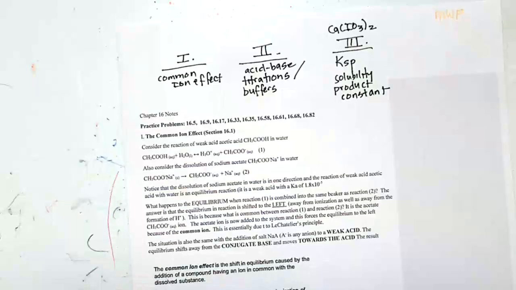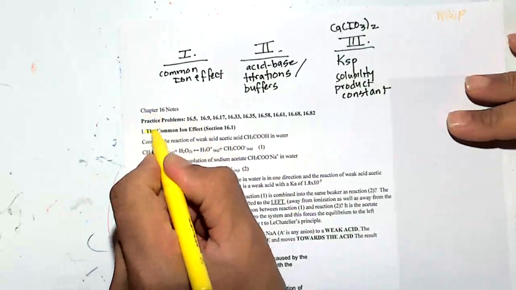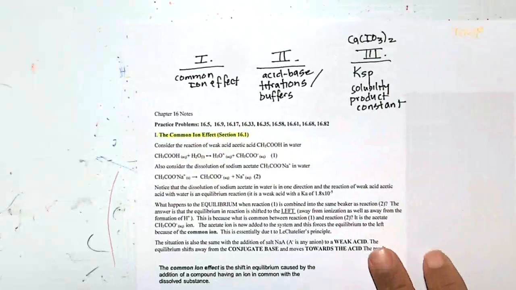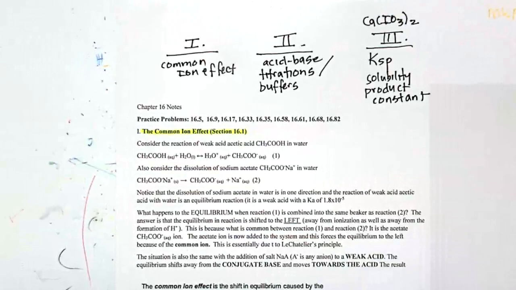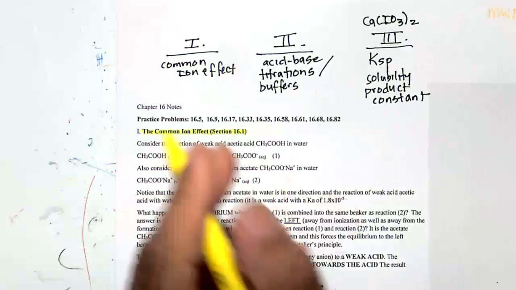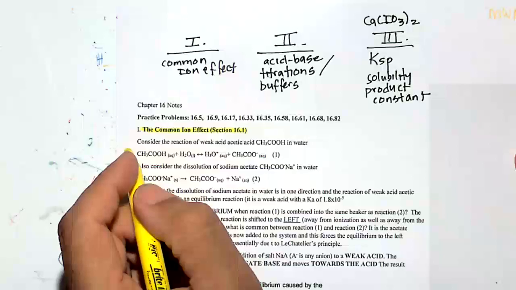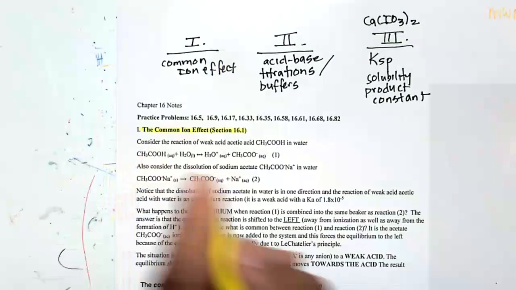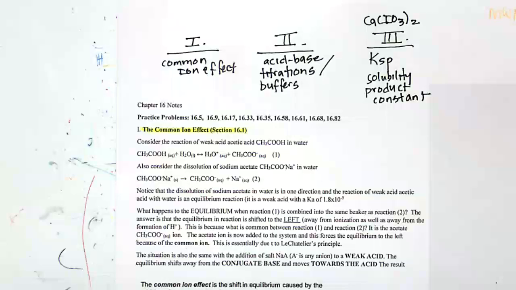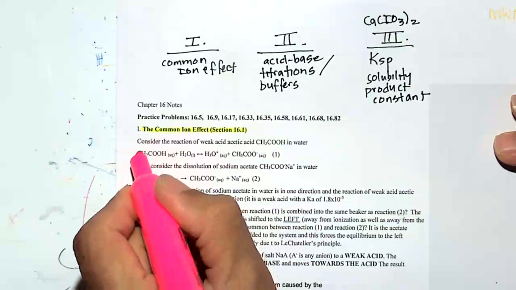All right, let's first go over the common ion effect. All right, so I'll go over this briefly. Chapter 15 was entirely about weak acids, and one of the common weak acids is called acetic acid.